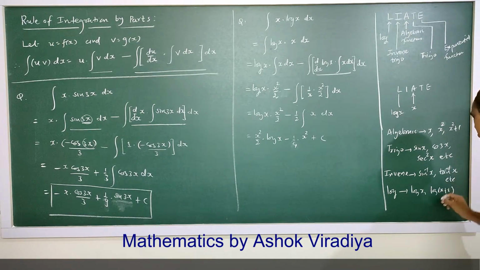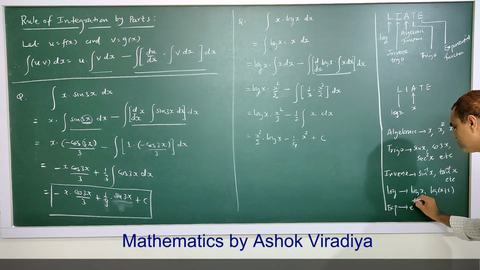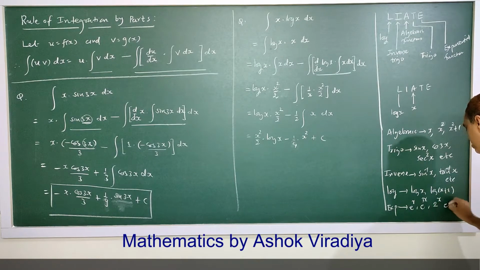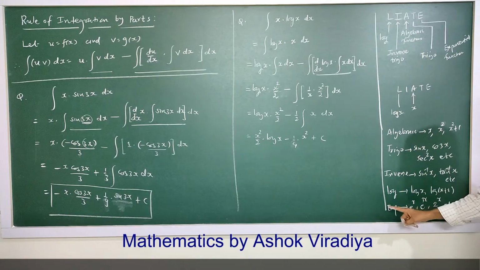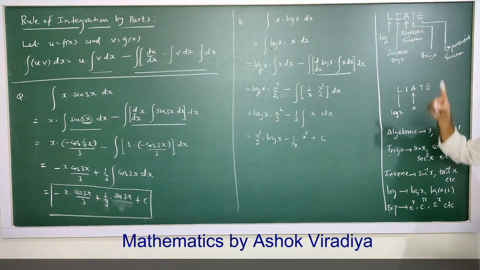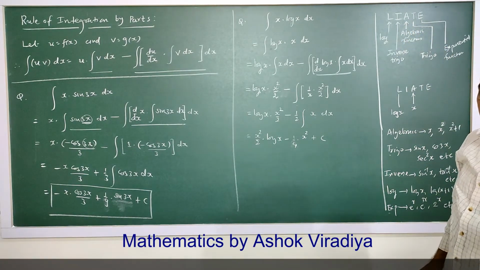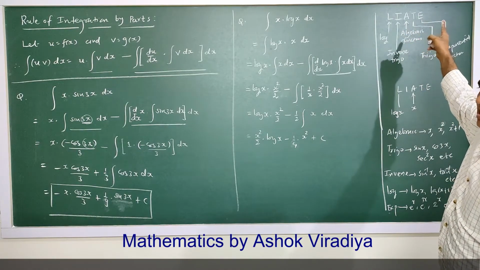Exponential functions, e raised to x, e raised to 3x, 2 raised to x, etc. L, I, A, T, E, these are groups. So whatever is first, consider as u, second as v, according to the sequence of LIATE.